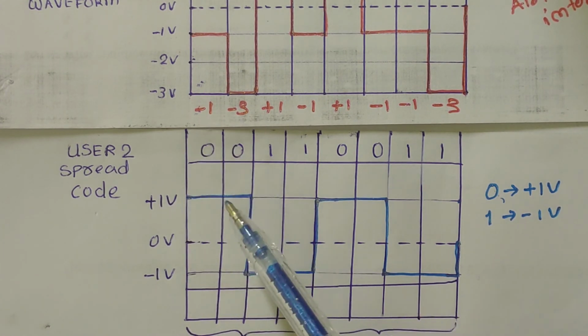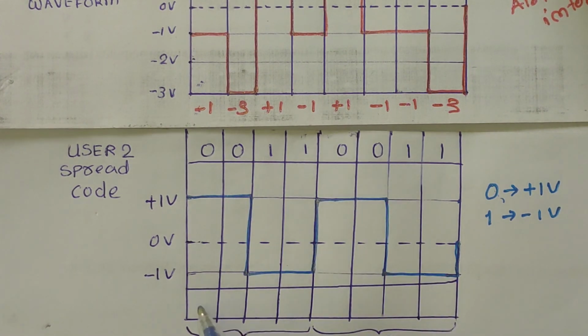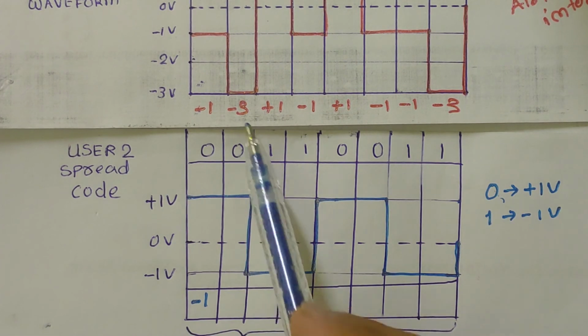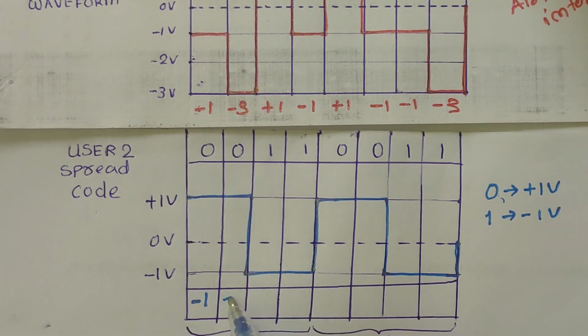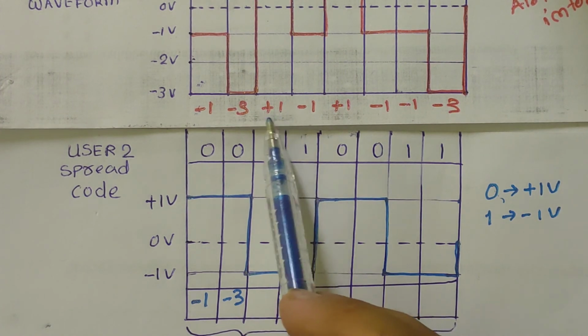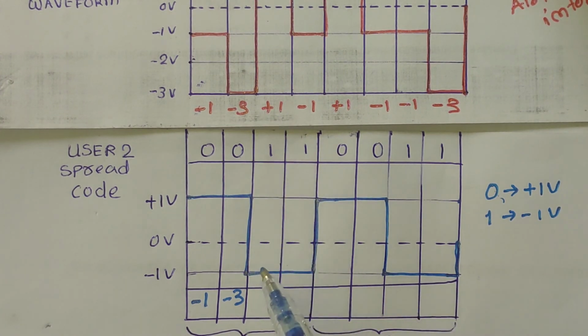Plus 1 multiplied by minus 1, that is going to give me the value minus 1. Plus 1 multiplied by minus 3, that is minus 3. Fine. Plus 1, that is the received signal voltage, I'm going to multiply that with the code value of user 2, minus 1.